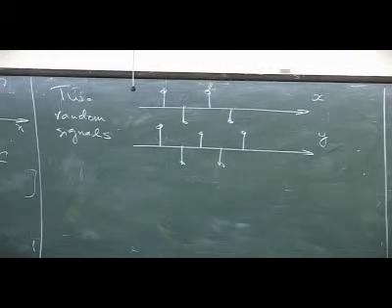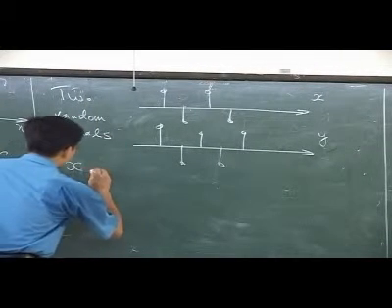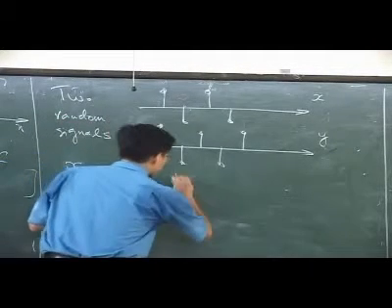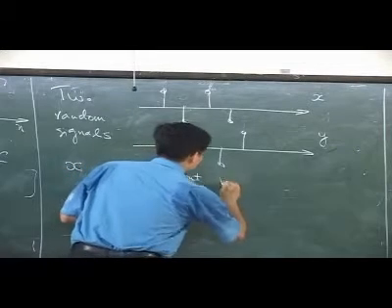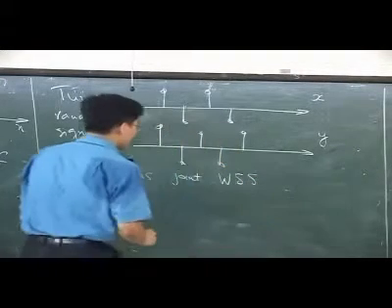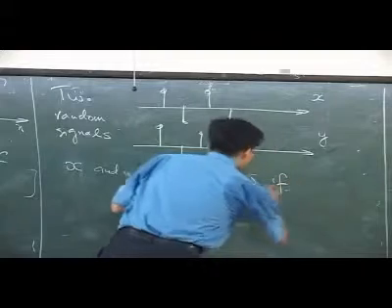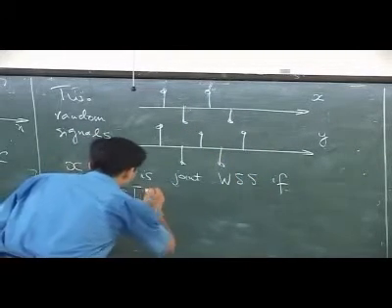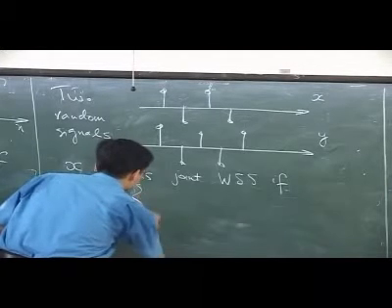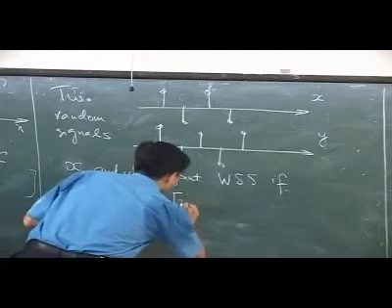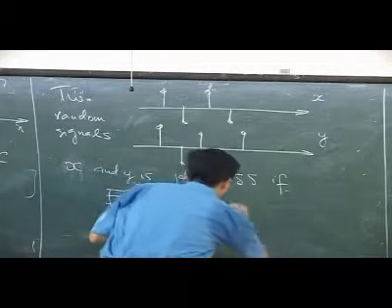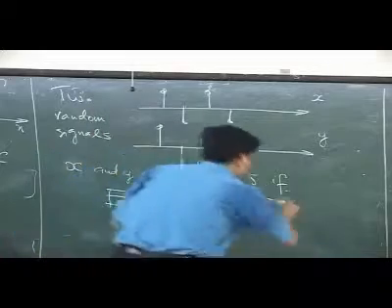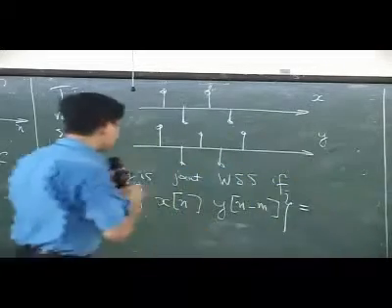And we want x and y to be jointly wide-sense stationary if I define the expectation of x of n and y of n minus m.